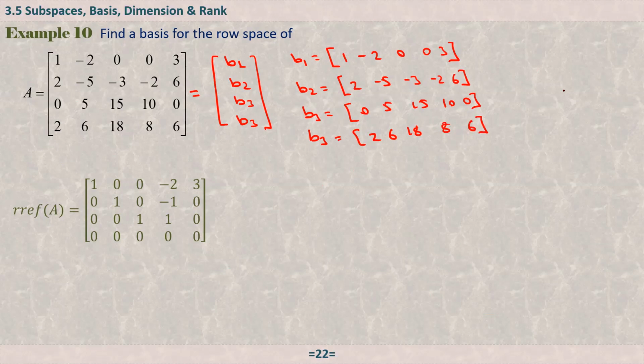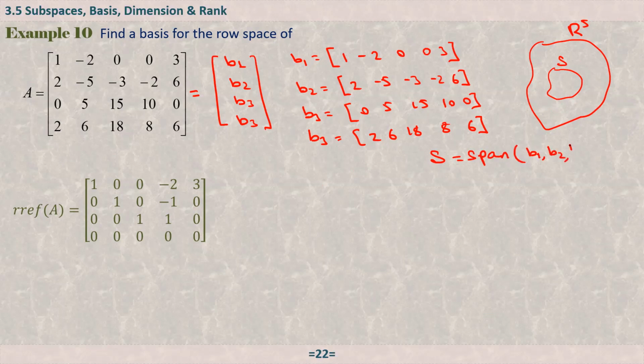Okay. So now we are talking about a 5-dimensional space. And inside this we are talking about a set S that is spanned by these vectors, B1, B2, B3, B4.